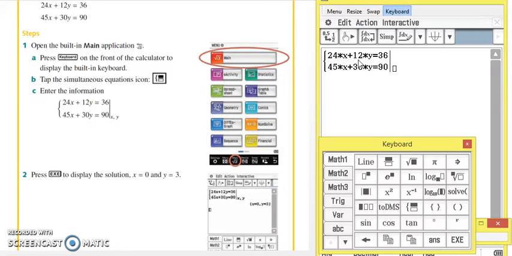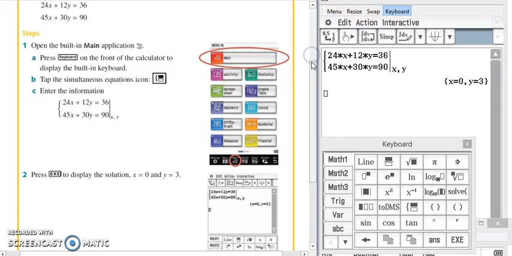Generally, when we use the solve function, we would just have it solve for x, but in this case, we want to solve it for x and y. So you want to go x, comma, y. Once you've got everything filled in accurately, go ahead and press execute, and it will show you your two solutions, x equal to 0 and y equal to 3.